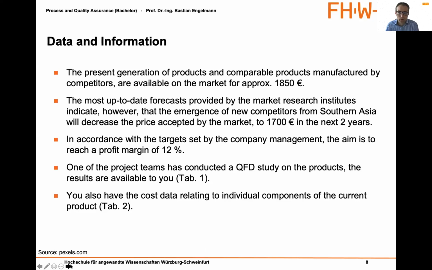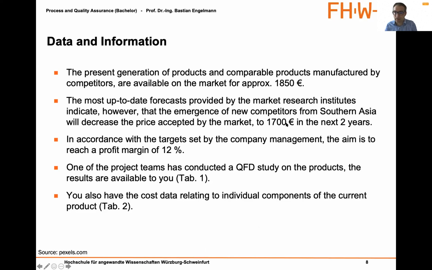Basically, when we have a look at this page, the idea is we ask the market, and the market will tell us the price it is willing to pay. We don't have to take the 1,850 because it's the price from today, and we have a forecast for the situation in 2 years, so we have to take the 1,700.